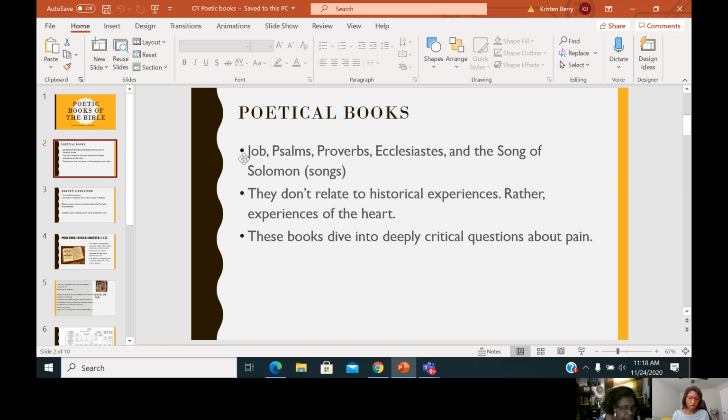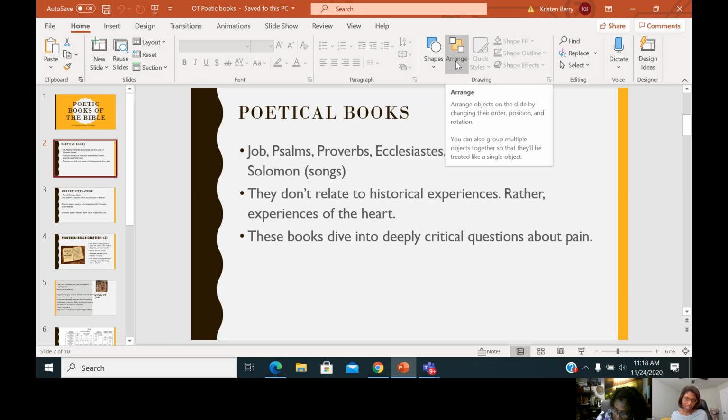So if we start with last week. Last week we talked about Ruth, and it's a shame we can't get through all of the books, right? But I love also the book of Esther.